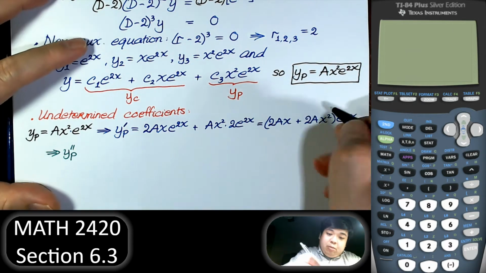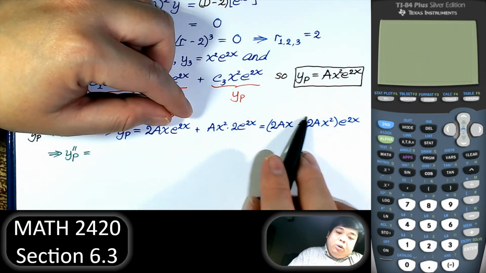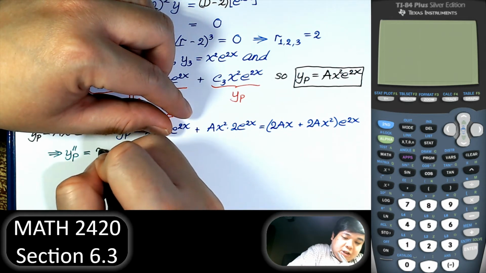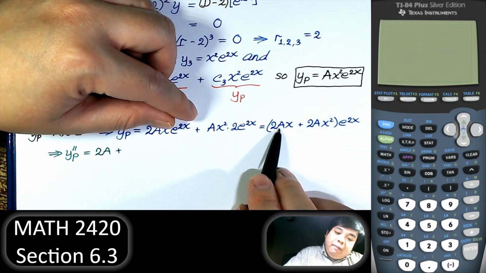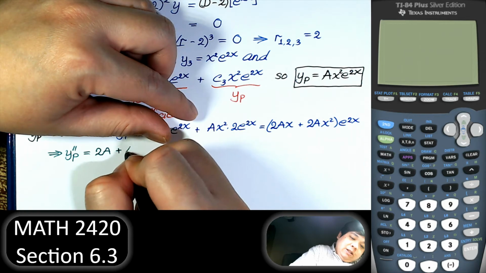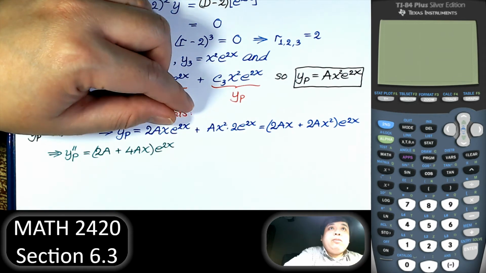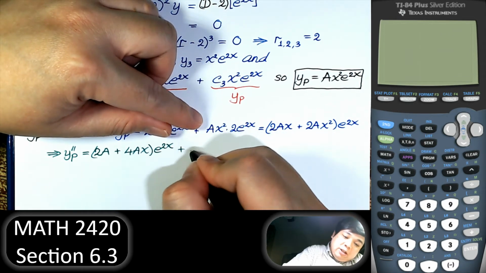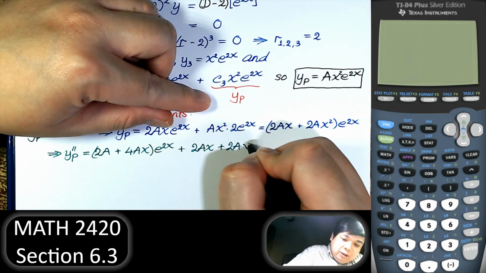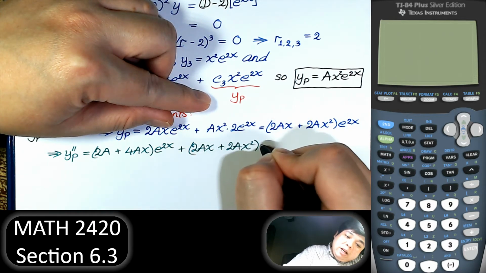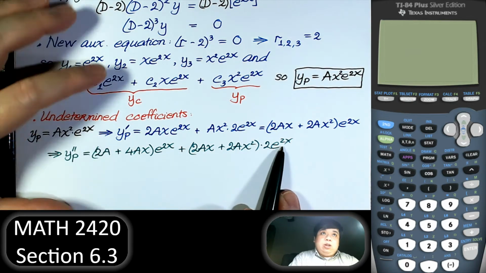Again, product rule. Derivative of this is 2a plus 4ax, derivative of the first with the second, plus the first with derivative of the second, 2e to the 2x. Now once again factor out 2e to the 2x.